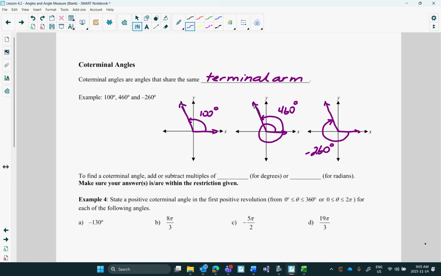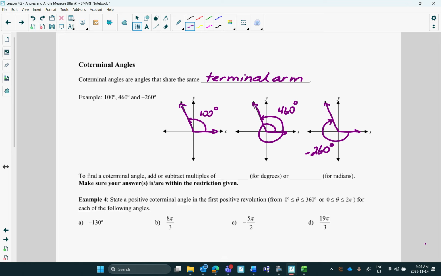So how do you find coterminal? Well, if it's in degrees, keep adding 360 or keep subtracting 360. If it's in radians, keep adding a complete circle. How much is a complete circle in radians? Or in terms of pi? 2 pi, right? So you would add 2 pi to get a coterminal, or subtract 2 pi, and you could keep adding and keep subtracting.